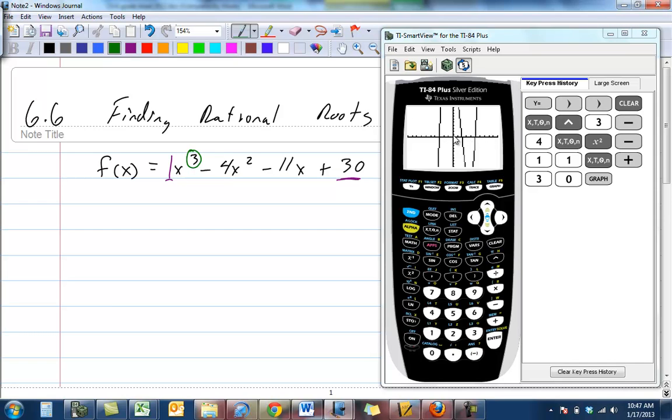And we can see by our graph that one of our zeros might be -1, -2, -3 right here. So I'm going to guess that one of my factors is when k is -3. So we're going to synthetically divide by using -3.